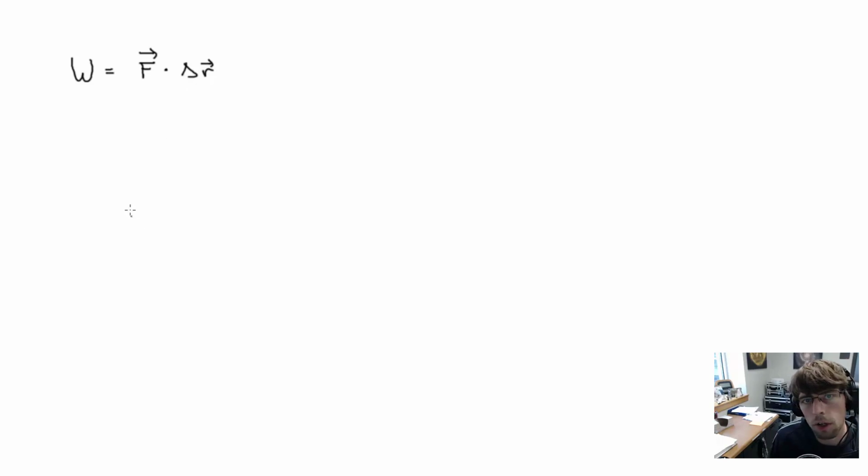Or if you want, this is the algebraic definition. This assumes that your force is fairly constant during your displacement. And you say, well, why does that have to be? Well, remember, we used the definition of V average in order to arrive at this expression.